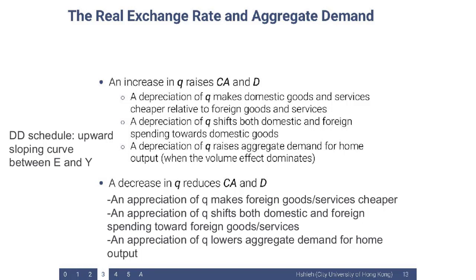Okay, so what am I trying to do here? What I want to ask you now is how should Y change in response to changes in E? So when we plot it, you can tell me if it's downward sloping or upward sloping, but we'll get to that soon.